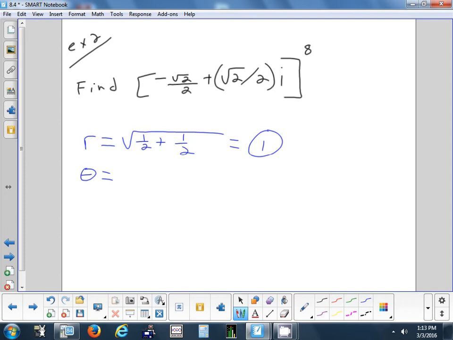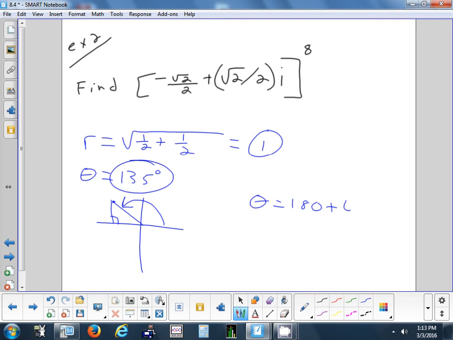Okay, now my angle. We know it has something to do with a 45 because you've gone left and up the same amount. So what do you think that angle would be? 135. Yeah, it is 135. If you're like, wait, I don't see how to get that, do 180 plus inverse tangent of y over x.